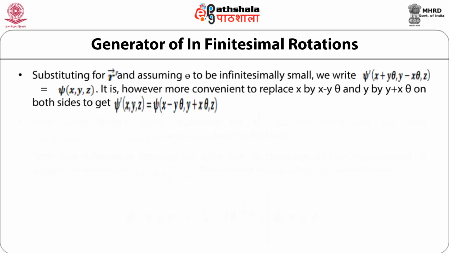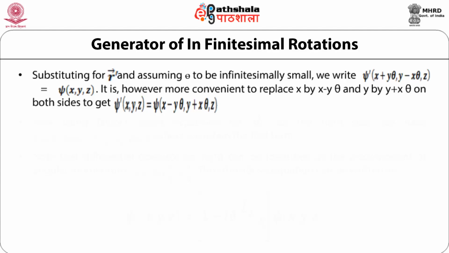plus x theta on both sides, which will yield the result psi prime as a function of coordinates x, y and z is equal to the wave function psi as a function of coordinates x minus y theta, comma, y plus x theta, comma, z.